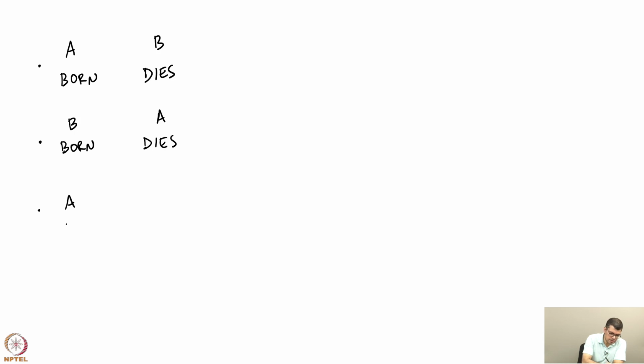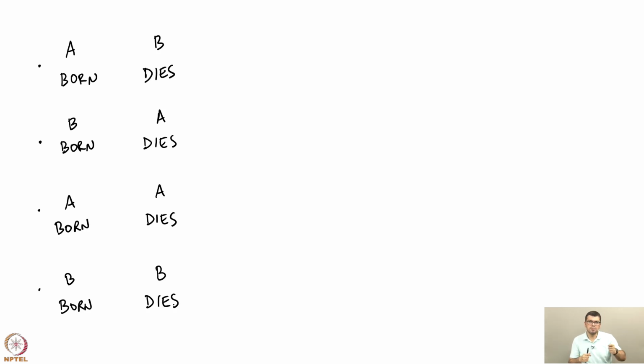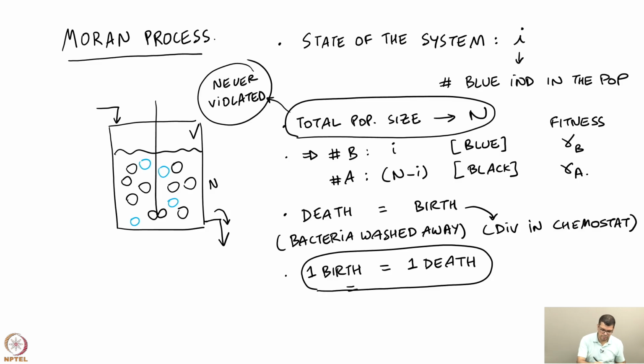We have two other cases, that an A individual is born and an A individual dies, and the last case is that a B individual is born and a B individual dies. These are the only four options of one birth and one death event in the Moran process when I have only two genotypes in the population, and according to our definition, these are the only two genotypes. So, let us just note these here.